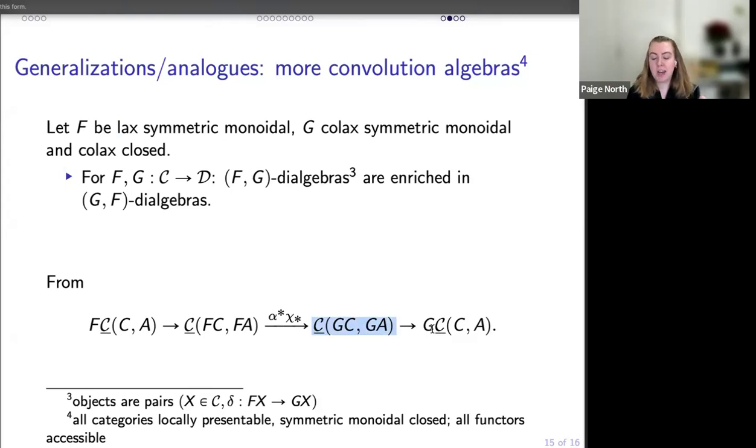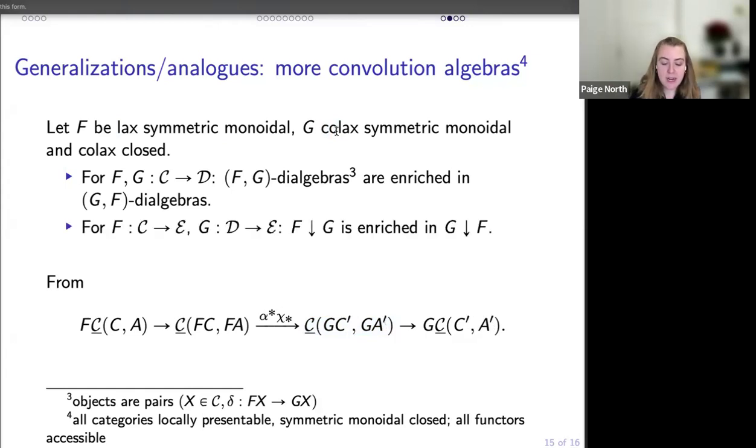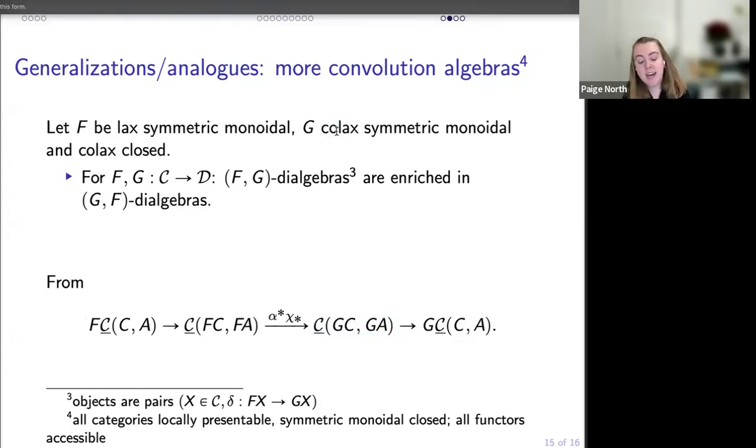And then we pull the G outside by using the fact that G is colax monoidal. This has to be written down very precisely, but it seems like a clear generalization: the FG dialgebras are enriched in GF dialgebras.